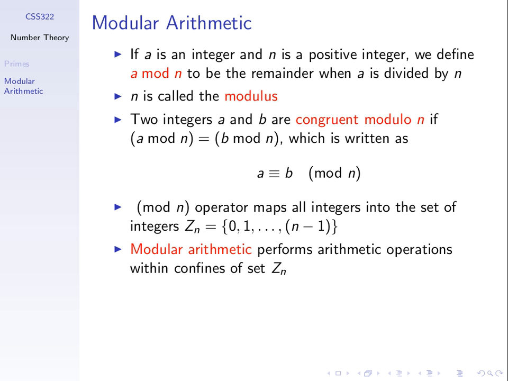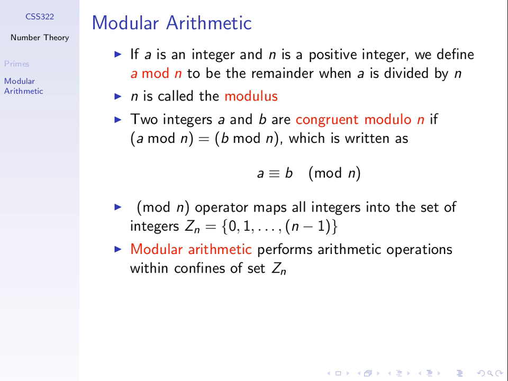The mod n operator operates on all integers, and it maps them into some set of n integers, ranging from 0 up to n minus 1. The mod 8 operator can take as an input any integer, and the output will be the integers 0 to 7.